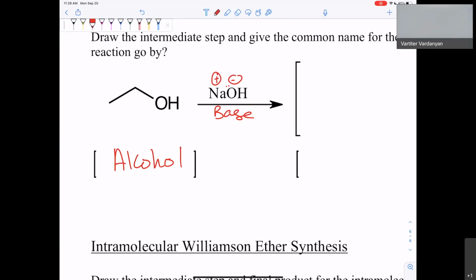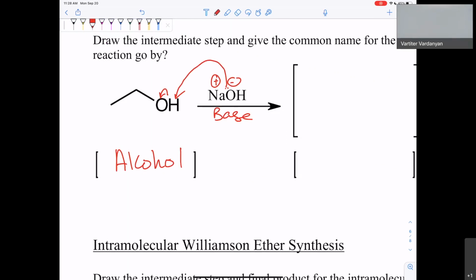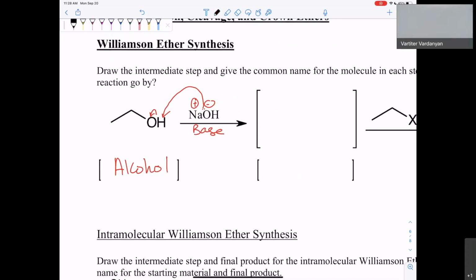You have an acid-base reaction. Cool. So the OH is going to take that hydrogen, give the electrons back to the oxygen, and we create the conjugate base of our alcohol.